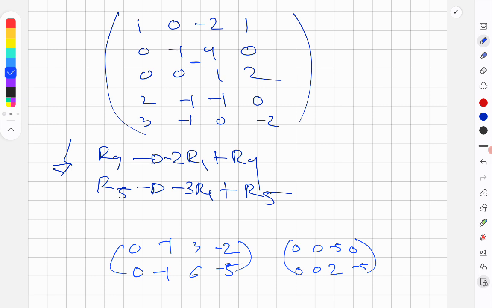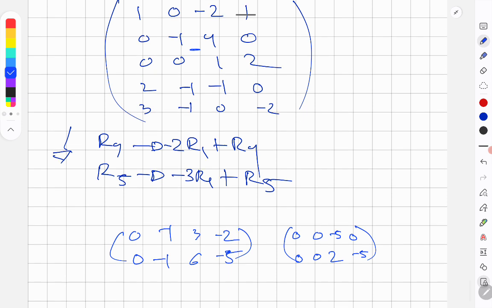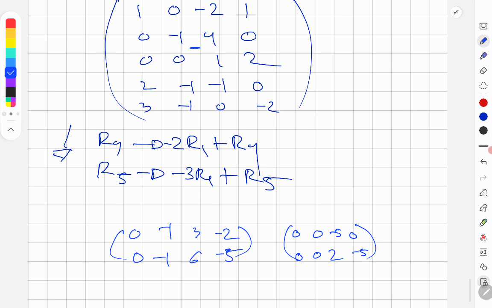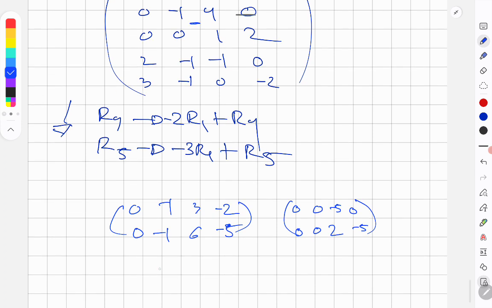If I multiply -2 over here in this one and add it over here, and also let's change this one. Negative, add it into R5. If I multiply 5 and add it over here, we have another 0 here. So if we multiply 5 here and add it over here, it's 0, 0, 0, and this is 10.